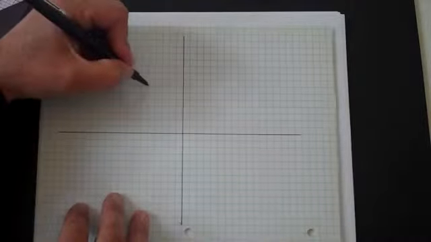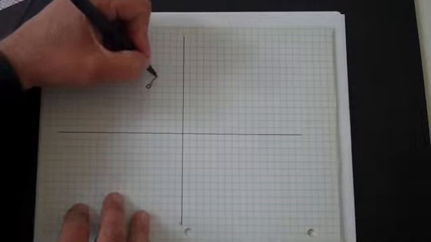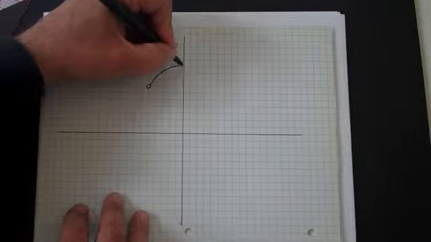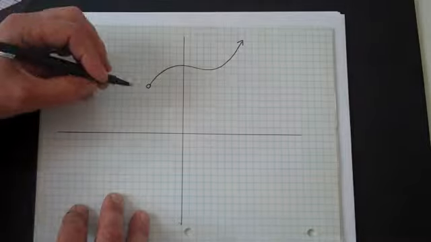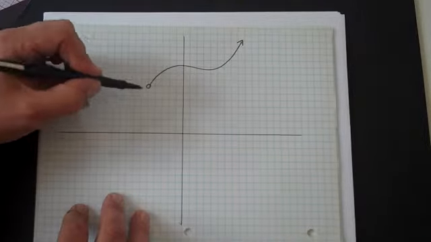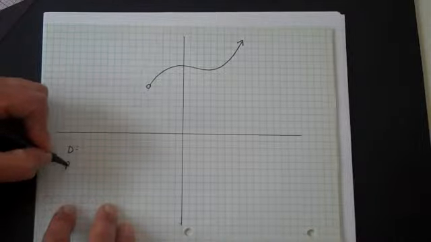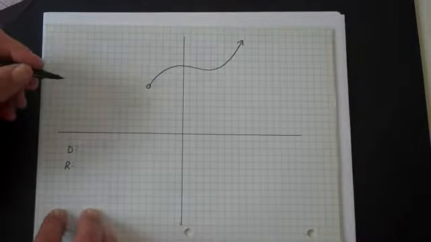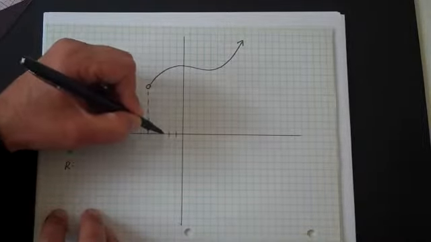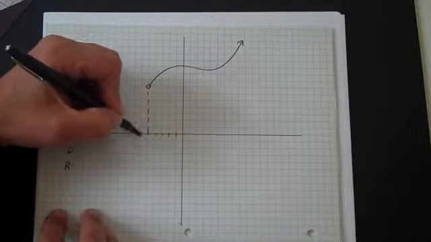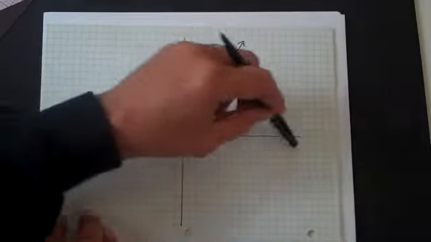Let's say we had this point here, and we want to find the domain and range. Let's look at the domain. 1, 2, 3, 4, 5, 6. That's minus 5. So it starts from minus 5 and goes to infinity.